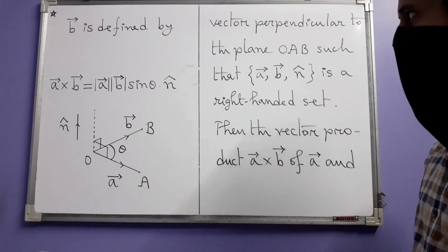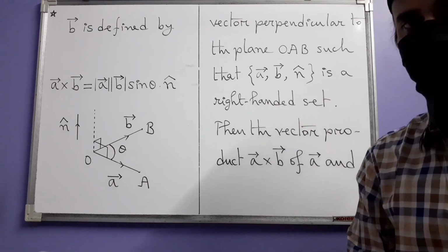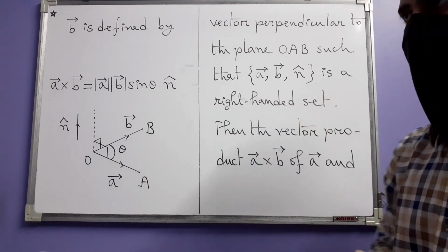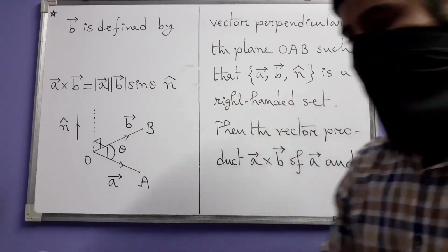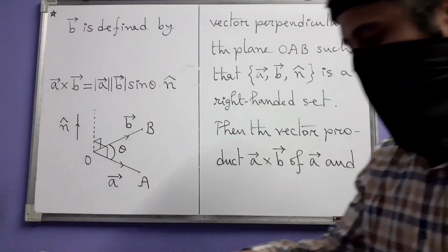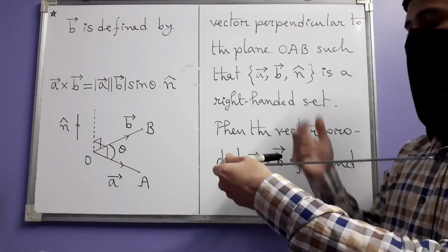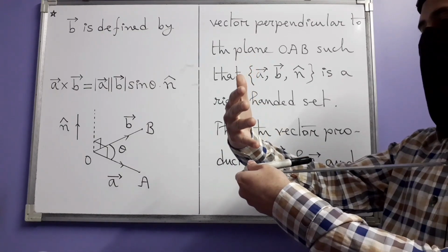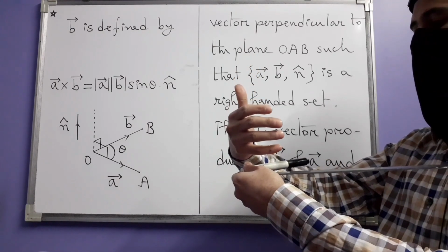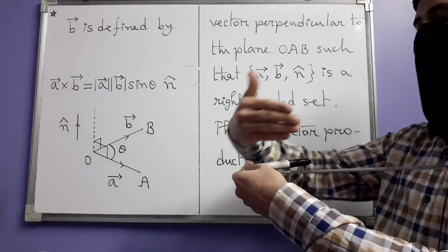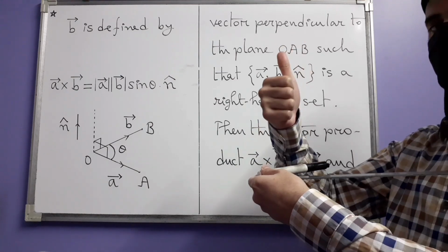Alright. Now what is the requirement? The requirement is that this set be right-handed. What does that mean? You recall that this means that as you take your right hand, say this is OA and this is OB, and curl your fingers, except the thumb, in such a way that you rotate from A to B, then your thumb points upwards.